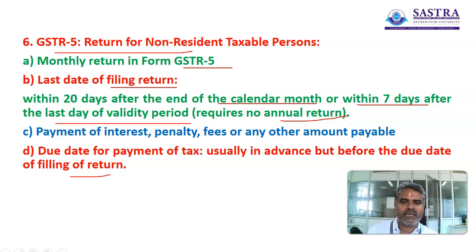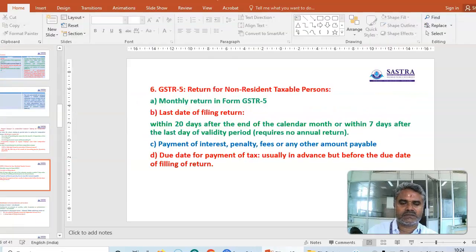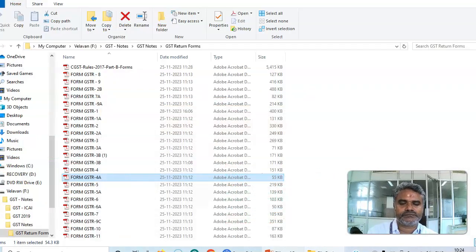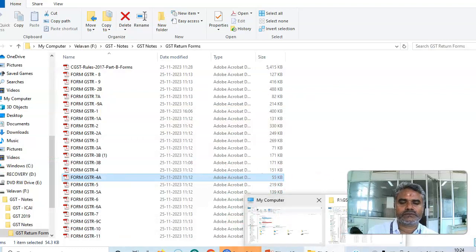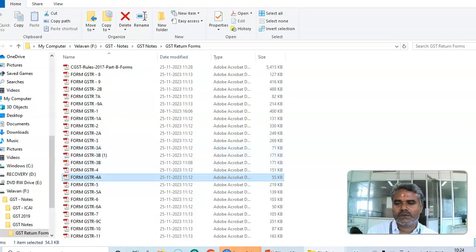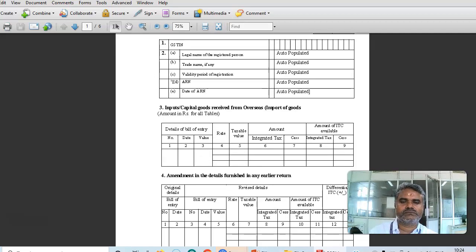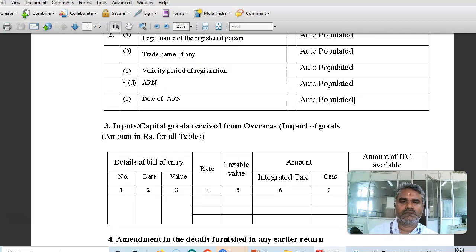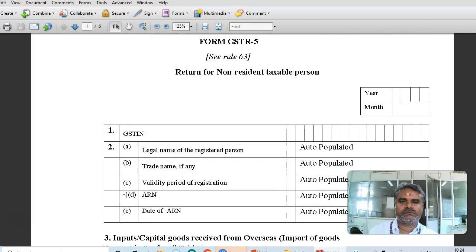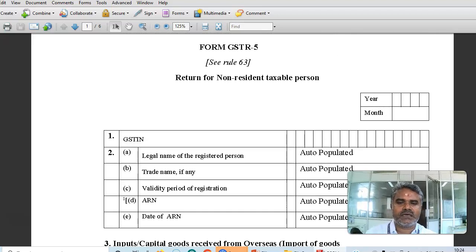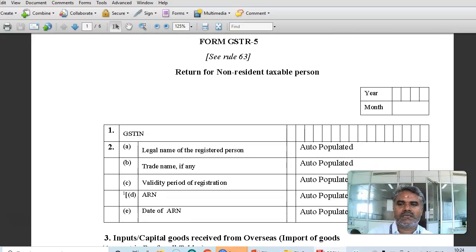Okay. Now I will show you the GST 5 for reference. This is GST 5, my dear students. Return for non-resident taxable person.